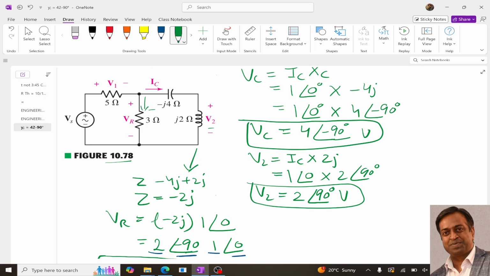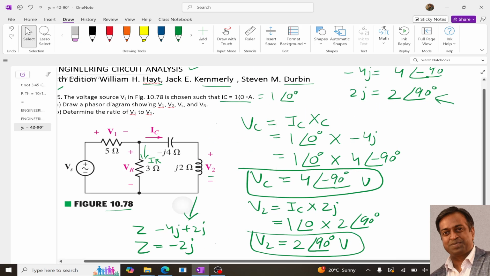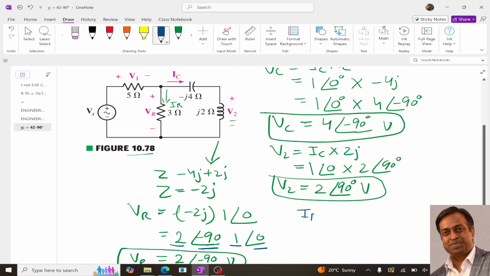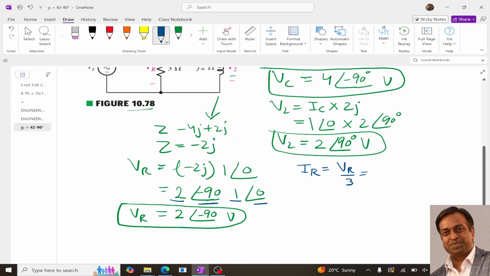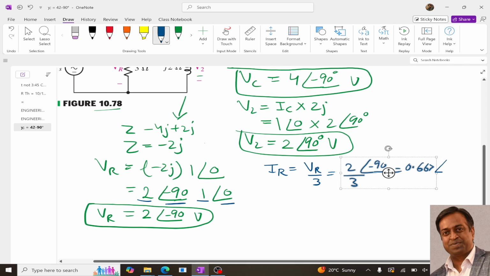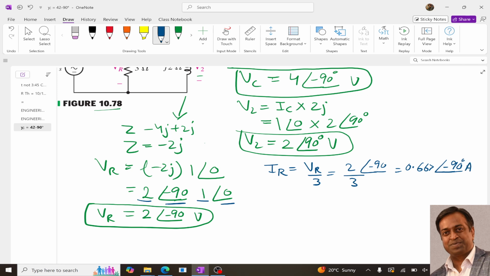IR will be VR upon 3, where VR is 2 angle minus 90, so IR is 0.667 angle minus 90 degree amperes.